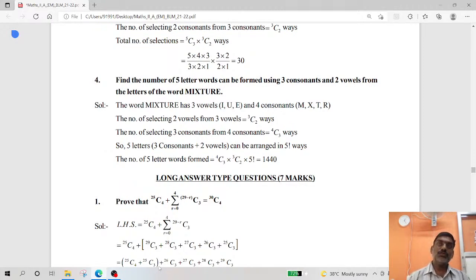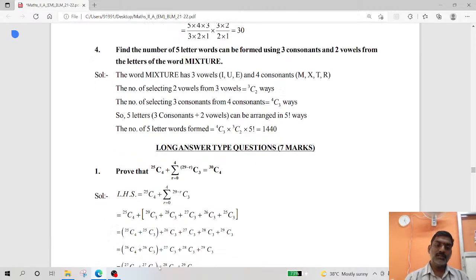Here we use the formula nCr plus nC(r minus 1) is equal to (n plus 1)Cr. Applying the same formula, first 25C4 plus 25C3 is nothing but 26C4, and again 26C4 with 26C3 gives 27C4, 27C4 with 27C3 gives 28C4, 28C4 with 28C3 gives 29C4, 29C4 with 29C3 gives 30C4.